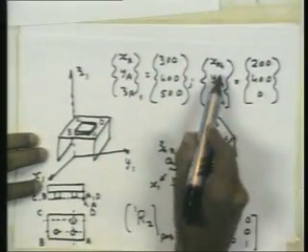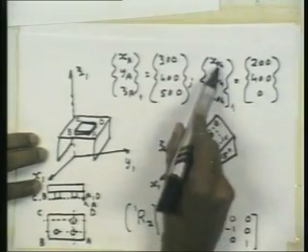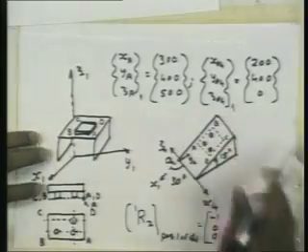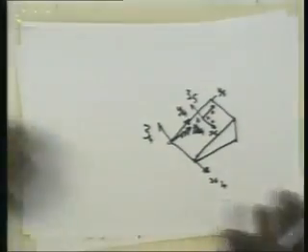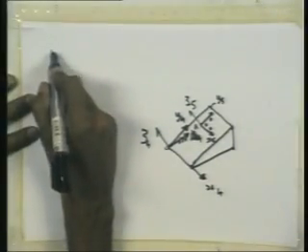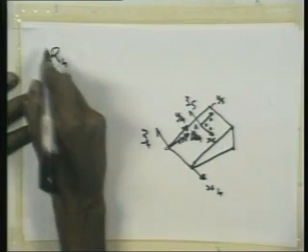We have specified the global coordinates of the point O4, which is the origin of the fourth reference frame, as 200, 400, 0. So let us now work out the orientation matrix R4 with respect to 1.